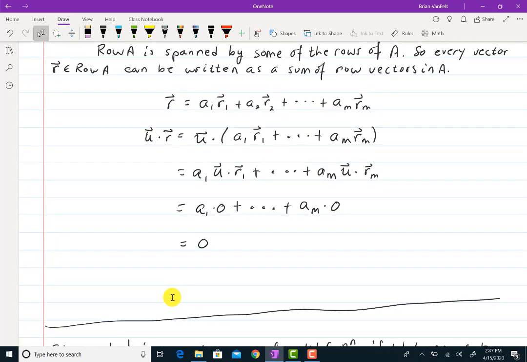So what do we have? This implies that U is in row A perp. So what we have then is that the null space of A is a subset of row A perp.